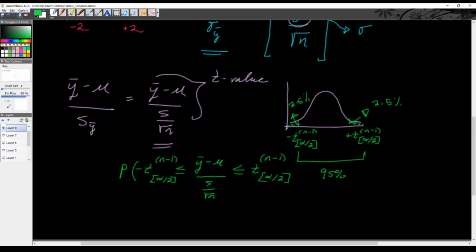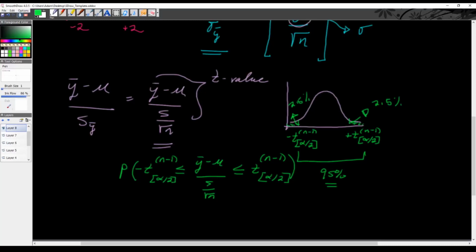So again, this is a probability equal to 95%. So the probability that this value is greater than or equal to the critical t on the lower end and less than or equal to the critical t on the upper end is equal to 95%.